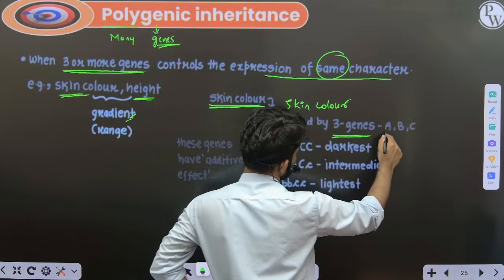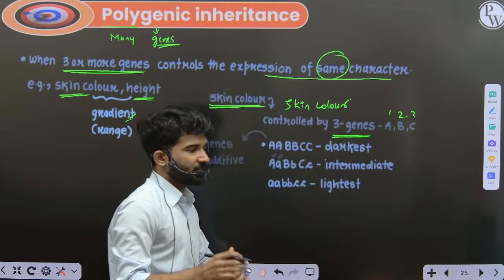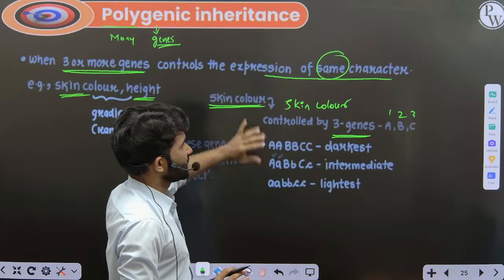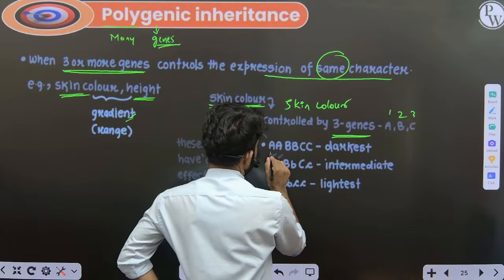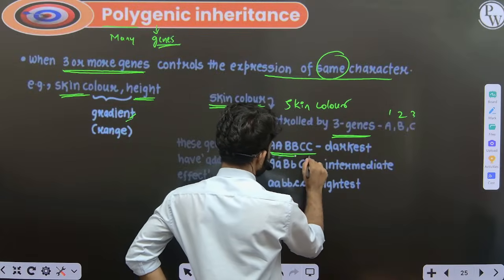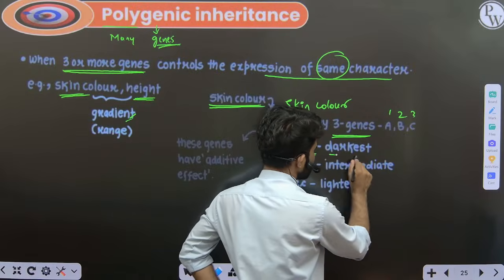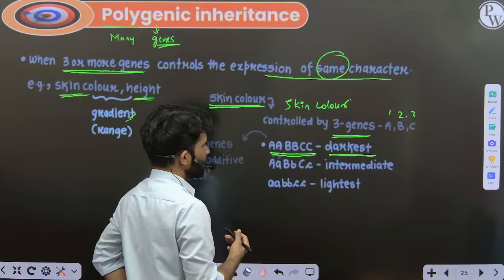What are those three different genes? These three different genes control the character of skin color. How it controls, we can see. If all three genes are dominant, that gives the darkest skin color, with more melanin pigment.